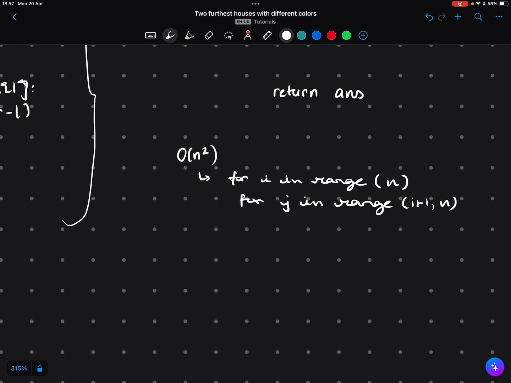Calculate the answer to be the maximum, well, if it is not equal, then just do answer as the max between the answer and j minus i at that point. Okay, and then return answer.